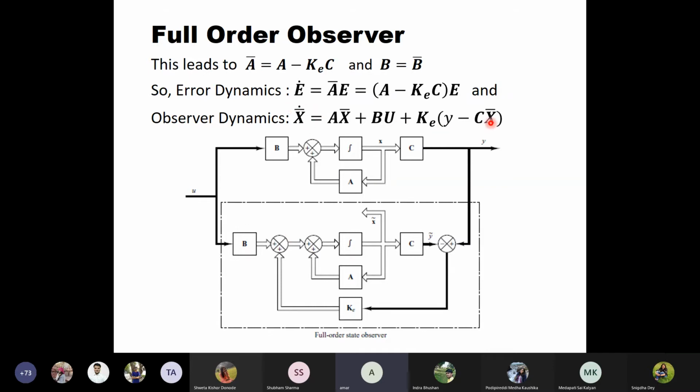Now in this expression, K is the unknown term, because A, B and C are all obtained from the state equations. So K is the unknown term and we have to find its value. The design of the observer here is nothing but finding the values of the gain of the observer.